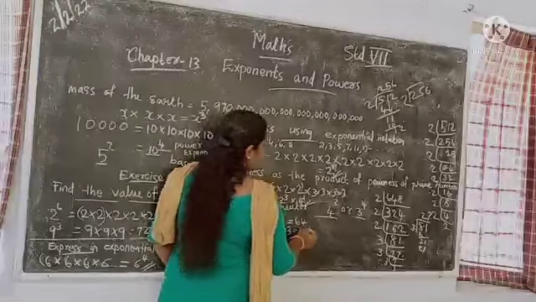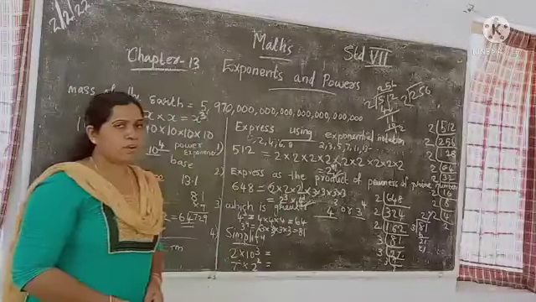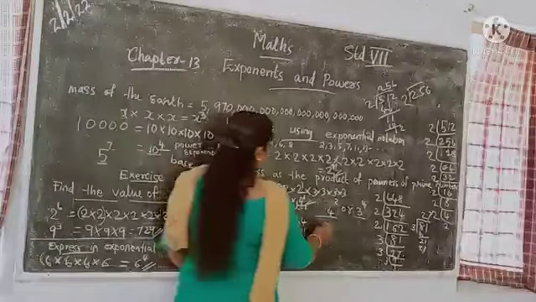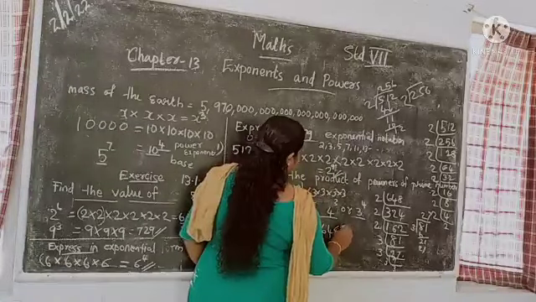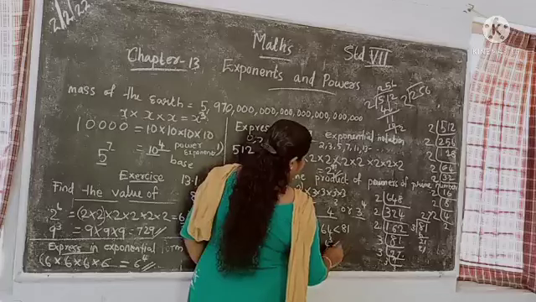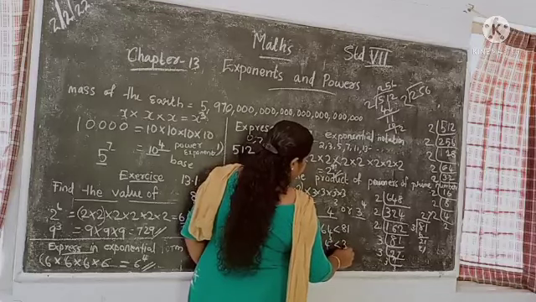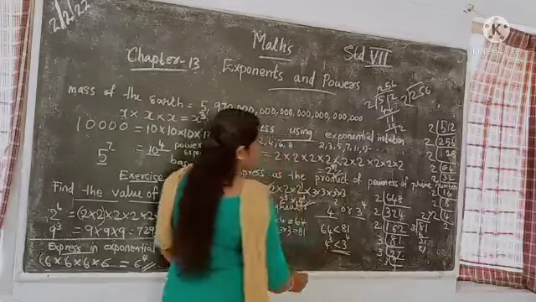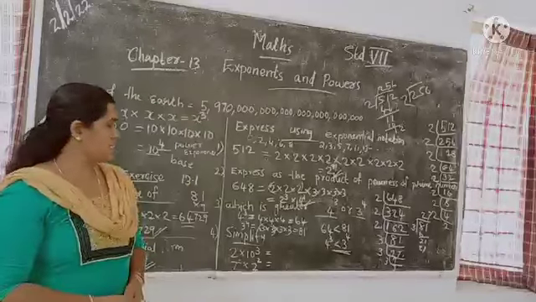Which is greater, 64 or 81? 64 is less than 81. So we can write 4 raised to 3 is less than 3 raised to 4. 3 raised to 4 is greater.